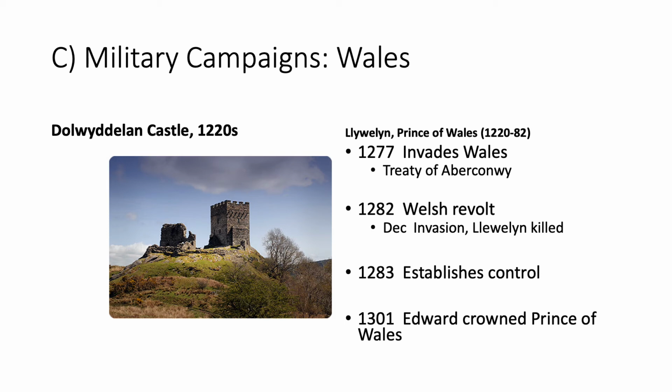Llywelyn's forces were forced to agree to the Treaty of Aberconwy, which very much limited his powers. He didn't really intend to follow through on this, though. He just needed time to regroup his forces and to gain more allies. In 1282, he revolts. In response to this revolt against English authority, Edward sends in an army.